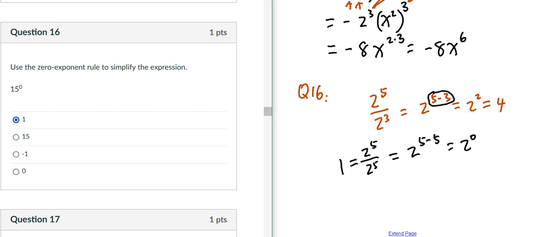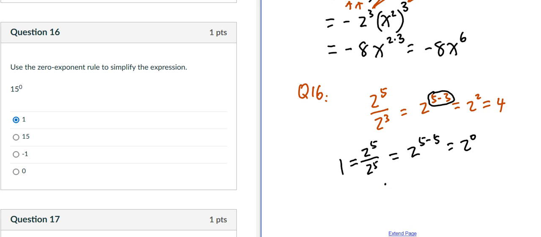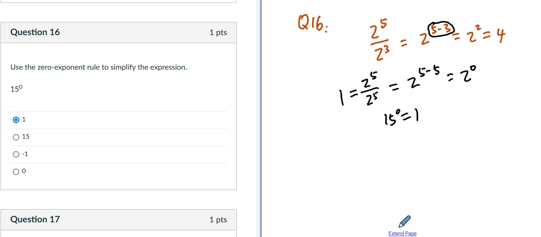Same reason. So you may write 15 to the 0 is 1. Anything to the 0. So that's the correct answer. Not 0. The common mistake is 0, 15 times 0 is 0. But here is 15 to the 0. That's not 0.